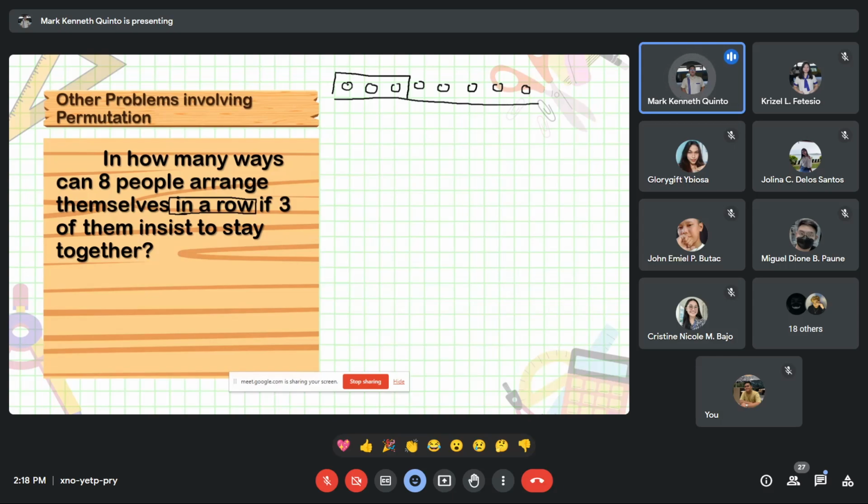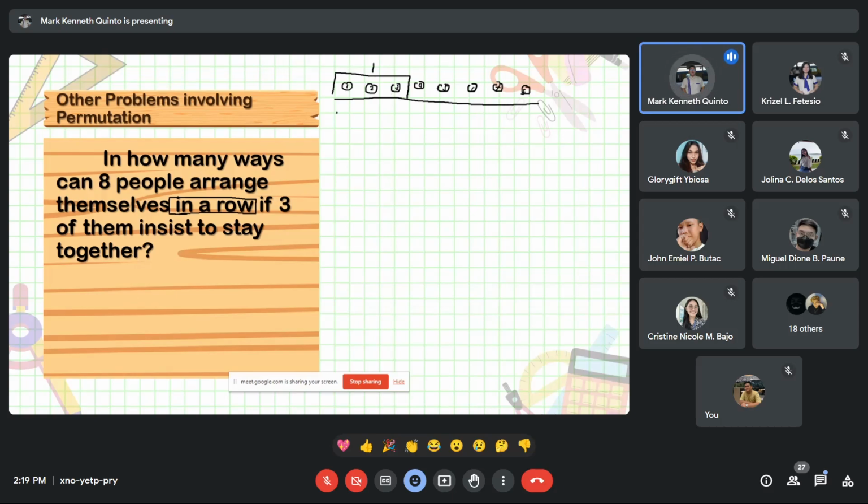So, let's say this one is 1, 2, 3. Tapos ito 4, 5, 6, 7, and 8. Yung tatlo na yan, ang gagawin natin is we are going to count them as 1. Kasi 'di ba lagi naman sila magkakatabi. Kahit mapunta sila sa dulo, sila din naman yung magkakatabi. So we are going to count them as 1.